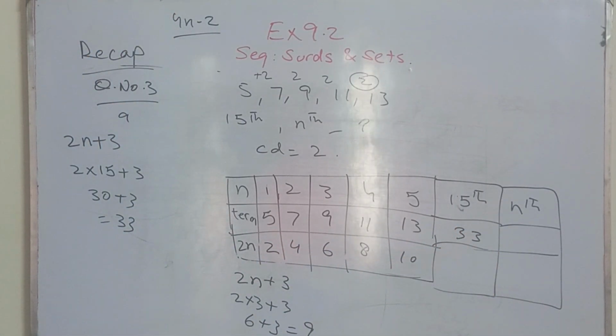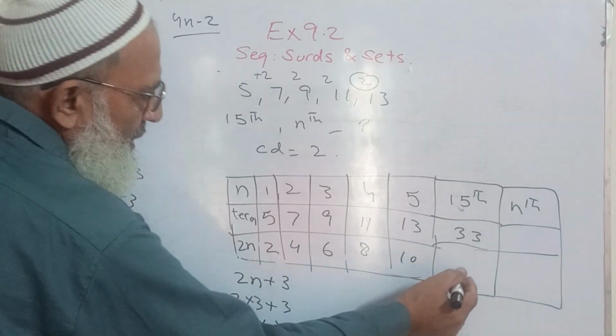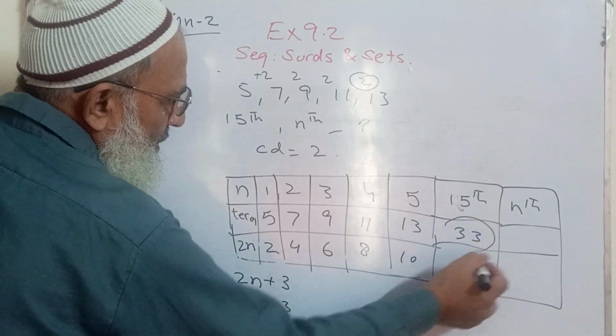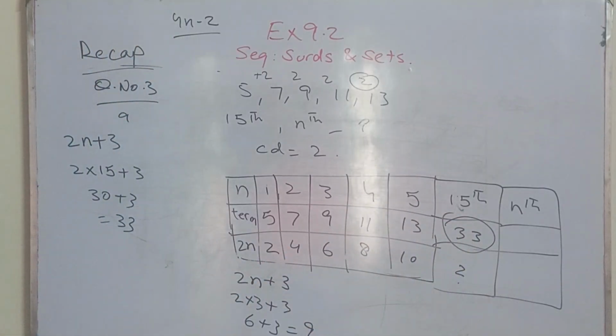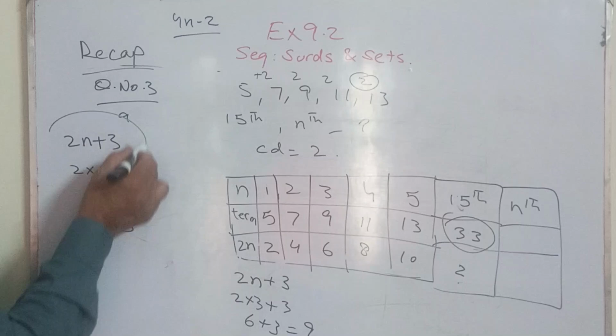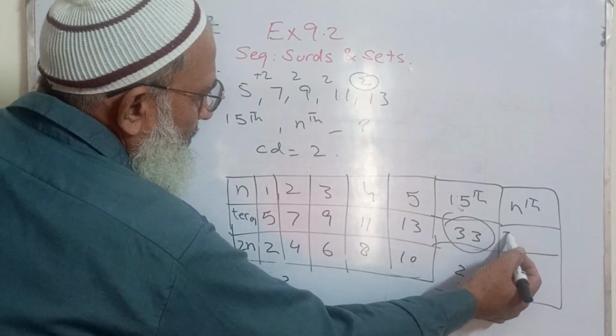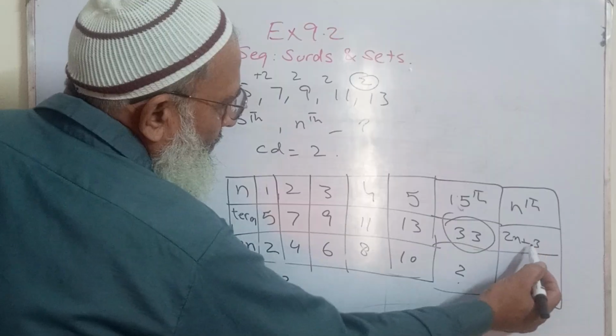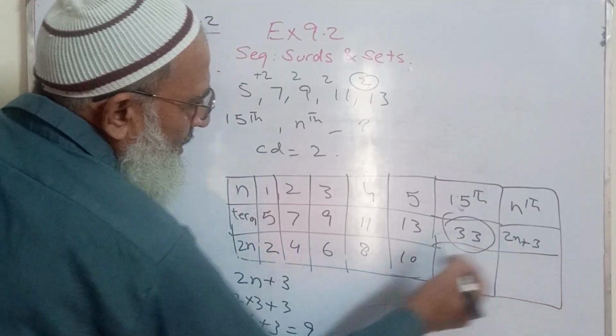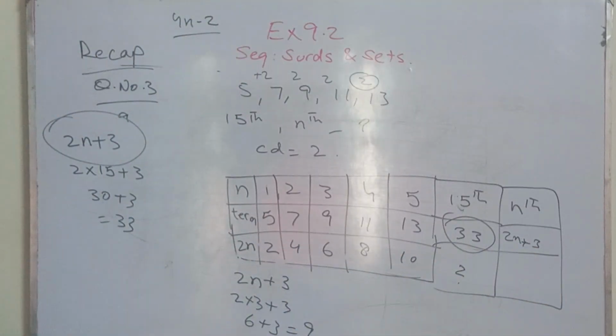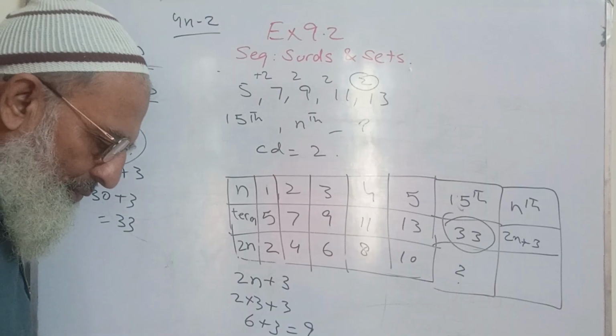Now we don't have to find this one, only the 15th term. It is 33. And about the nth term, this is the nth term: 2n plus 3. So this is how you do it.